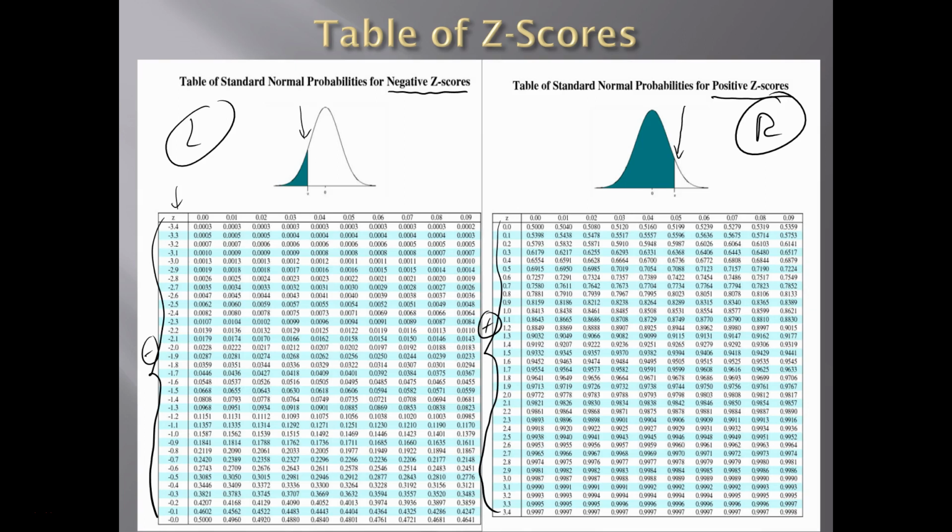Now just so you know, I have posted this same table of z-scores on my Canvas page, so you have this exact file that you can look at now, or after the lesson.